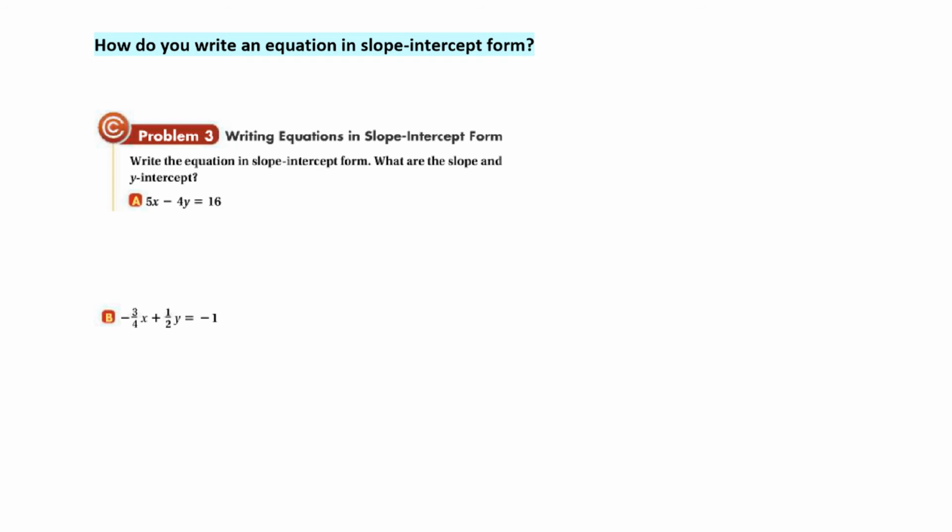If I already have an equation written out, I have to solve for y. Get y by itself, and then I'll be able to have it in slope-intercept form. Because remember, slope-intercept form is y equals mx plus b. So when y is by itself, I have slope-intercept form.